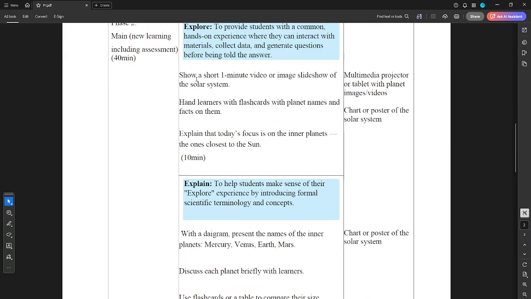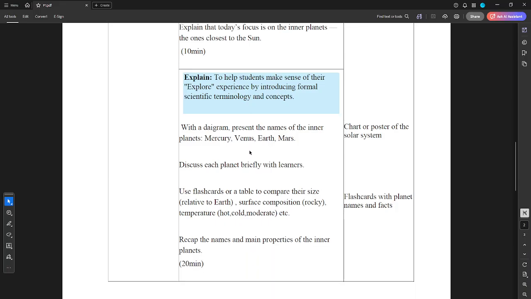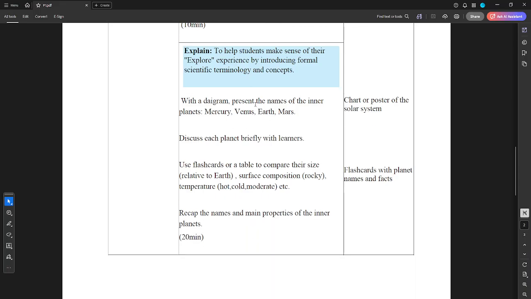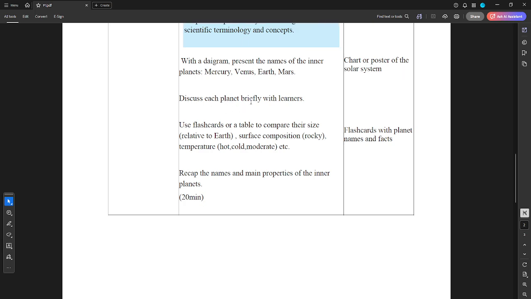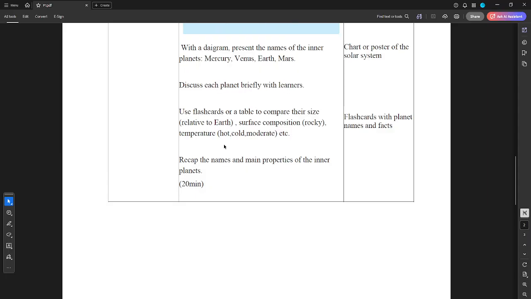Then teacher also shows another video, teacher hands out flashcards. Teacher then explains, right? So with the diagram present the name, the application of charts or posters using the diagram, and then some discussions, and then the use of flashcards.